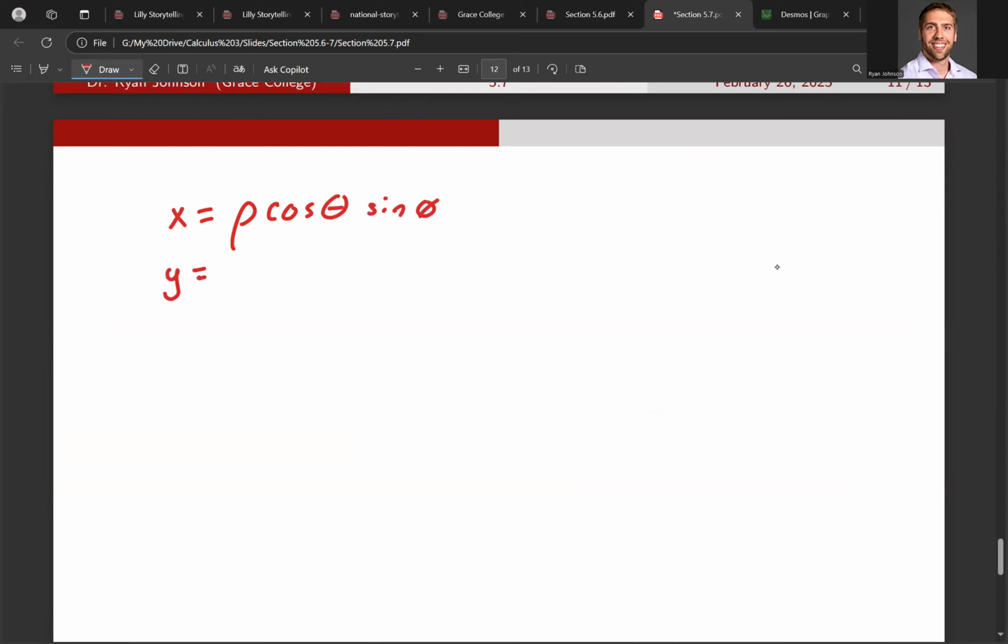Y equals rho sine theta sine phi. And z equals rho cosine phi. So what's the Jacobian? We're switching to spherical. That's what we should end up with.